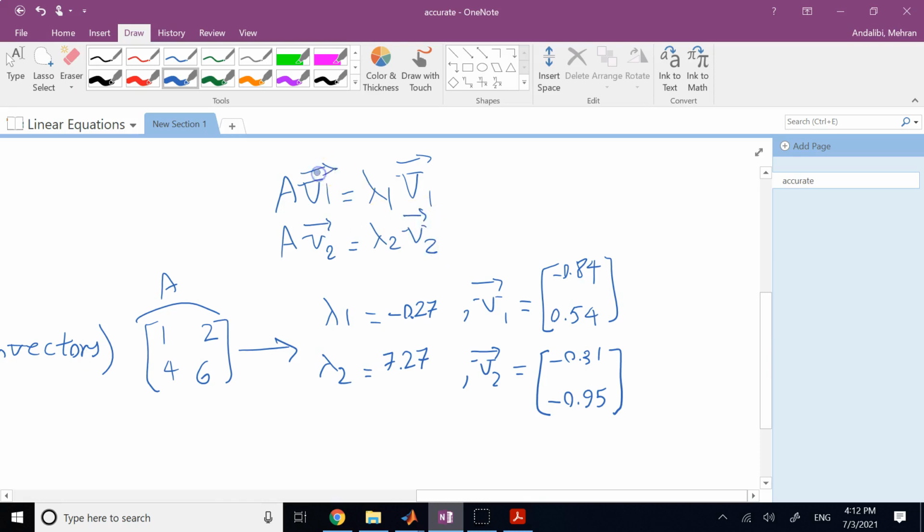Not only that, any multiple of v1 and v2 fits this equation. You can clearly see that if instead of v1 I use c times v1, where c is just a constant, you get c times v1 on both sides, and you still have both sides of the equation equal.